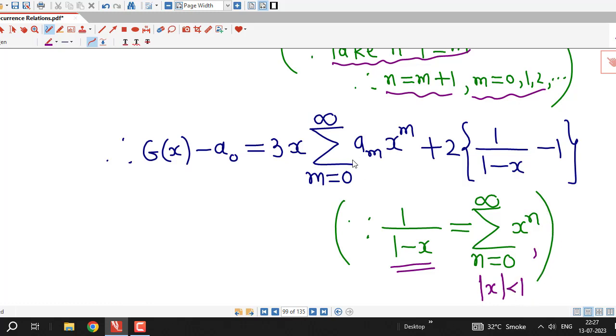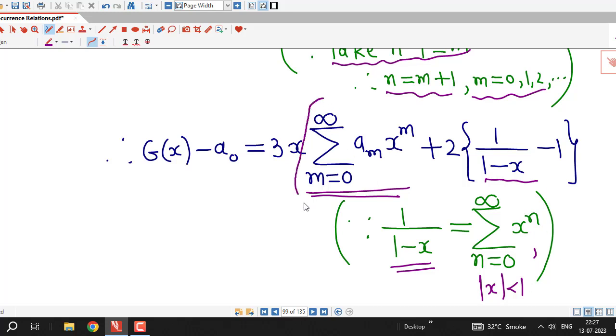So here there is an assumption that all the series in these equations are convergent for some values of x, and we are fixing our domain to those values of x only. So that is the assumption that all these infinite series are convergent in some interval. So this is valid if mod x is less than 1.